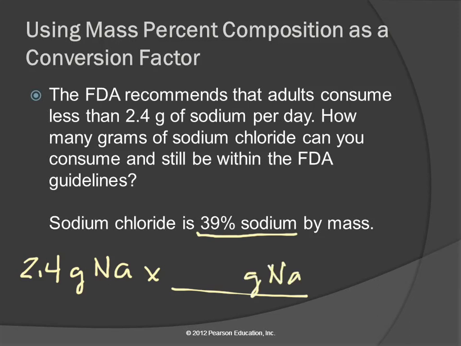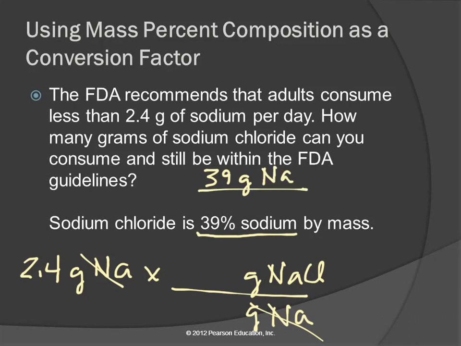So we have sodium chloride on top and grams of sodium on bottom, because we want the units to work out. Remember, 39% means 39 grams of the thing that you're interested in, the part, divided by 100 grams of the whole thing.